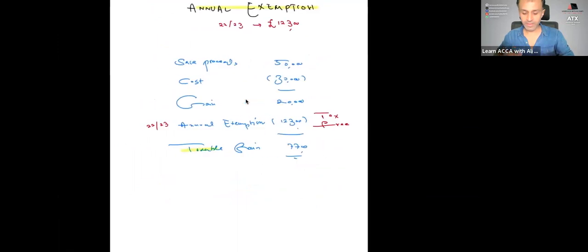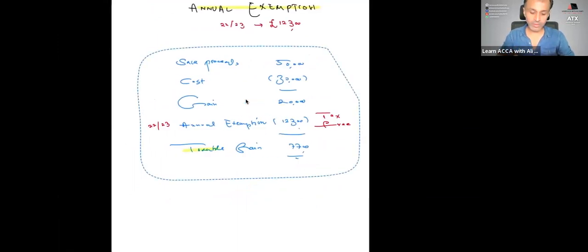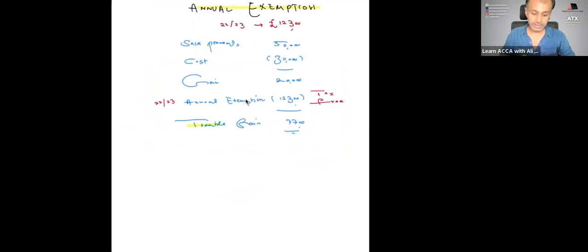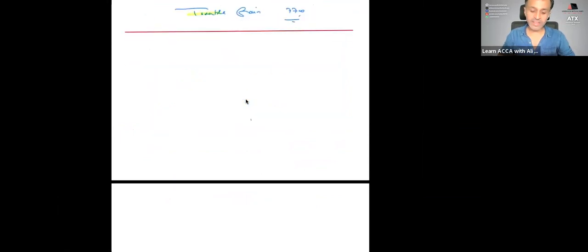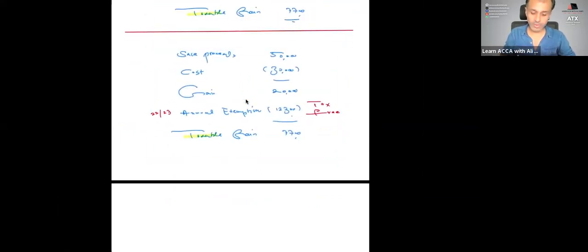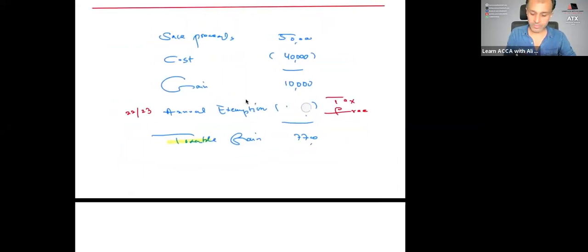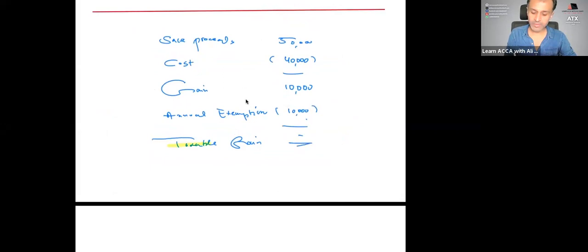The second possibility in the same case that you need to know is this: what if the gains are not plenty enough to absorb all of that exemption? Suppose the cost is 40,000. While deducting that 40,000, a gain of 10,000 is found. So we will end up subtracting only the amount that the gains are there to absorb. 10,000 is the maximum that we could possibly deduct.